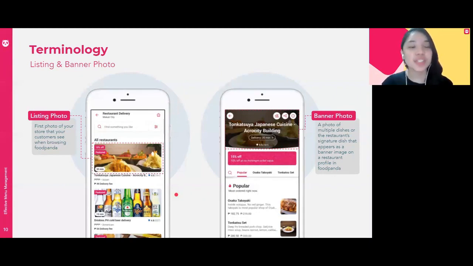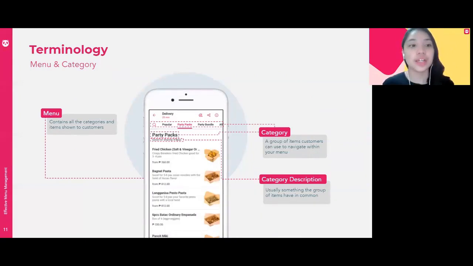So after they have selected your restaurant, let's say I've selected this one, I will see the banner photo. So this banner photo could be the same as your listing photo or a different photo, parang multiple dishes or your signature dish nyo, as long as it appears here. Now, after they have scrolled down, they will see your menu and the category.